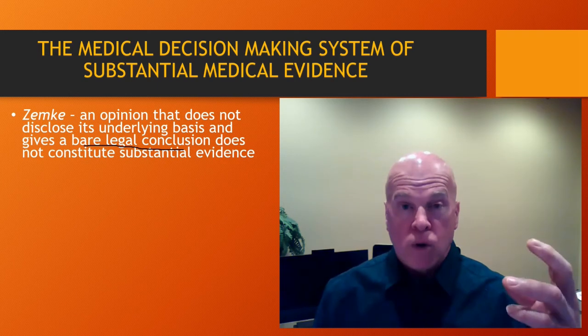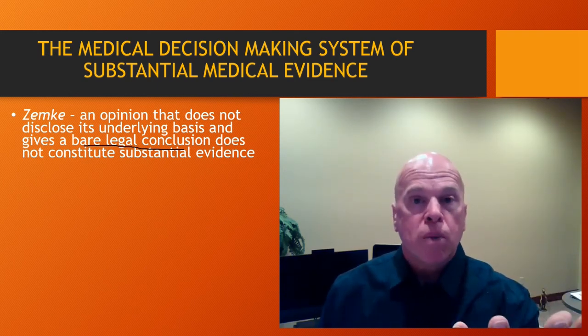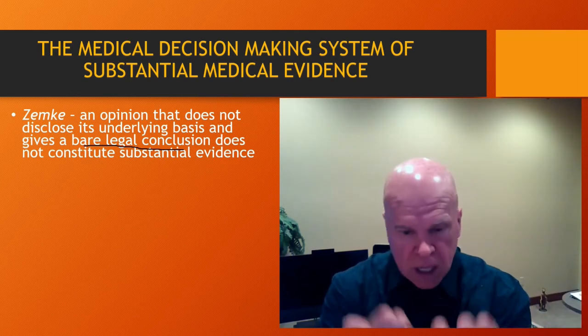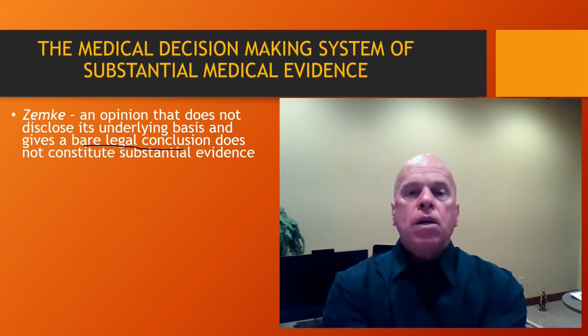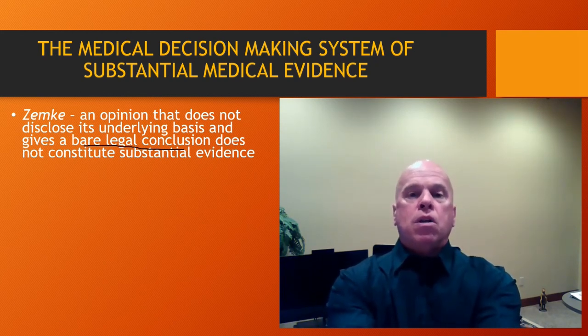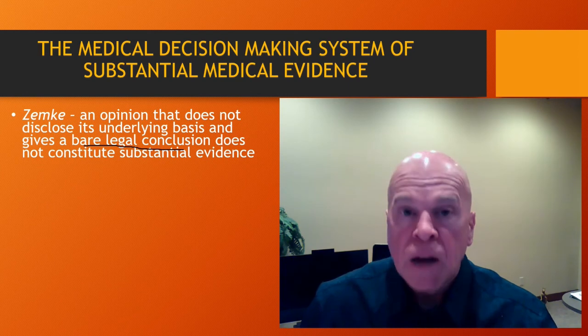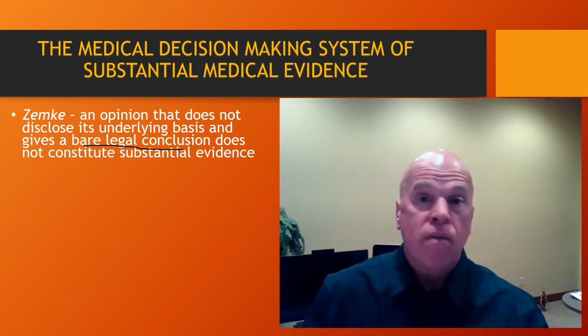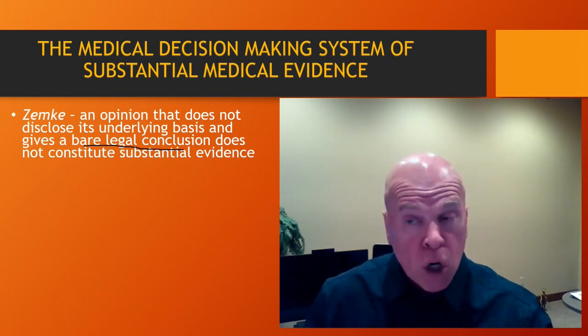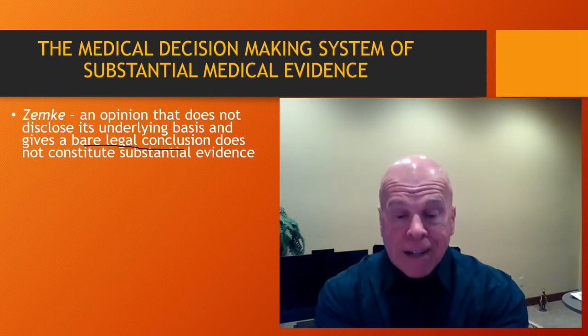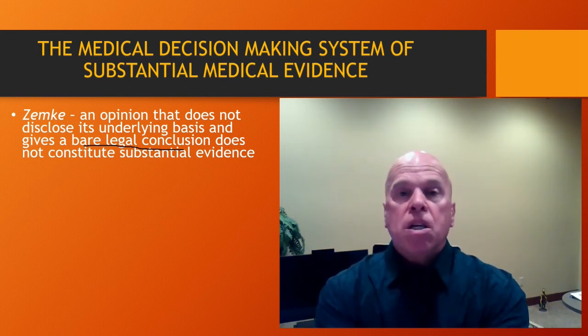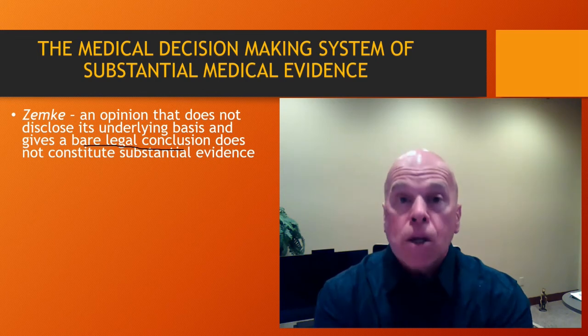So the courts, for example, look at your apportionment opinion. They take your apportionment opinion and they look at it from a distance, not for its content, not for its numbers, 80, 20, 70, 30, whatever. They don't look at it first to see what the content of the opinion is. They look at the opinion to see if it's a substantial opinion.